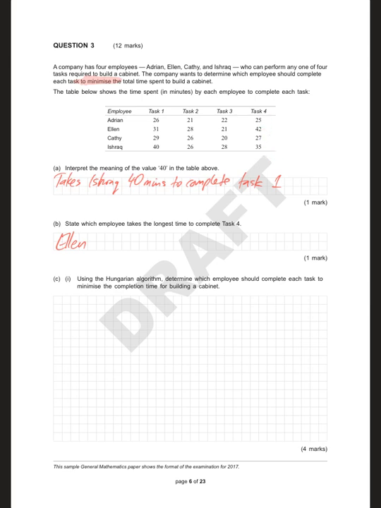Use the Hungarian algorithm to determine which employee should complete each task to minimize the completion. So I'm running the Hungarian algorithm. I've already got the matrix drawn up for me, so I might as well use it instead of taking up the grid working out space. 21's the smallest. 21's the smallest. 20's the smallest. 26 is the smallest. So you're taking 21, take 21, take 20, take 26.